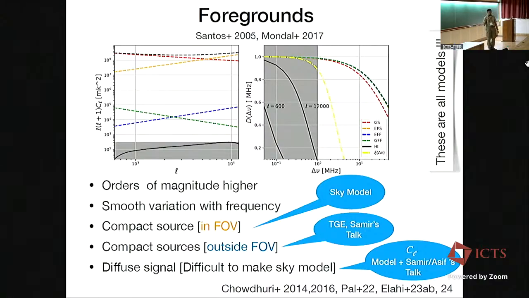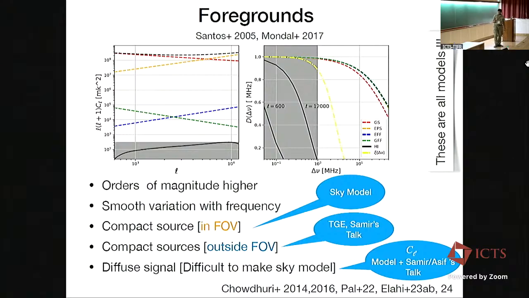If it's outside the field of view, the tapered gridded estimator that Samir and Asif have talked about can take care of it. If it is a diffuse signal like the DGSE, the diffuse Galactic synchrotron emission, you have to actually make the power spectrum of the signal and then subtract the power spectrum. But anyway, there are many different ways, and as you have heard many times since the morning, one has figured out how to take care of the foregrounds.